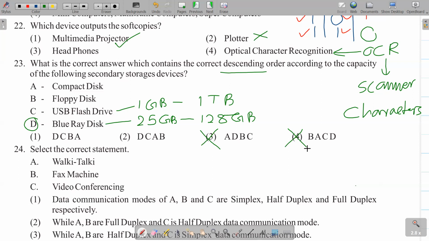USB flash drive is going to be the second. And when it comes to the floppy and compact disk, the compact disk has approximately 700 MB, and the floppy disk is 1.44 megabytes. It is the smallest. So the correct order, according to the answers, is going to be D, C, A, and B, which means the second one is the correct answer.